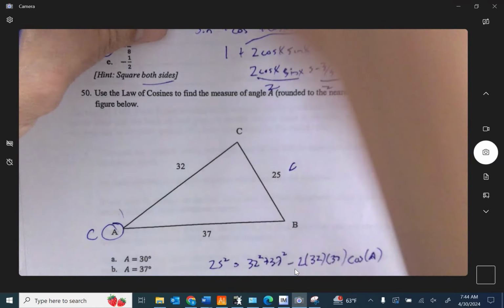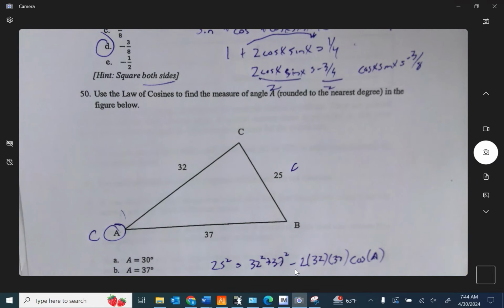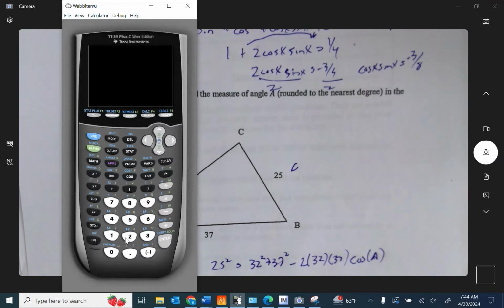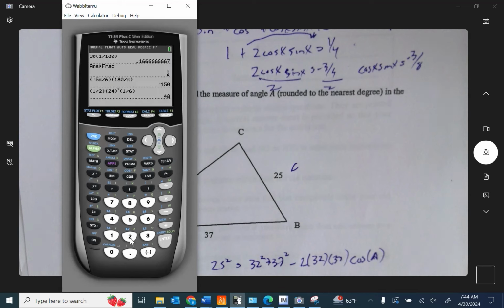So Old Faithful won't work right now because I don't have my lights on up front. But I can do 32 times 32, right? Plus 37 times 37. And let's see here. 25 squared, 25 times 25.